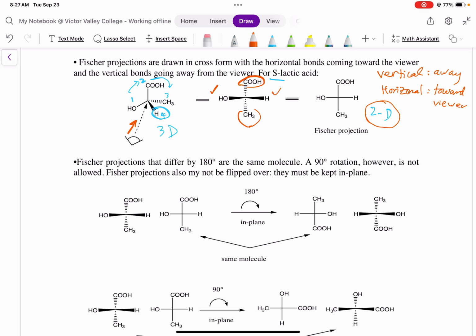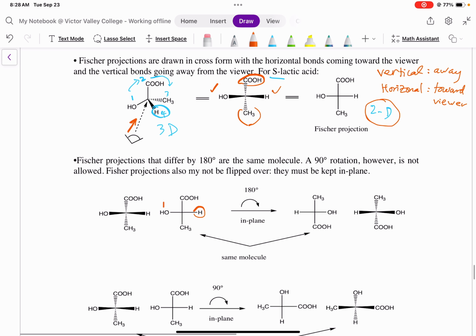So now if you look at this one, remember hydrogen is towards the viewer. Vertical means away. Horizontal means towards the viewer. Okay, so when you go 1, 2, 3, that looks like clockwise, but it's actually counterclockwise.